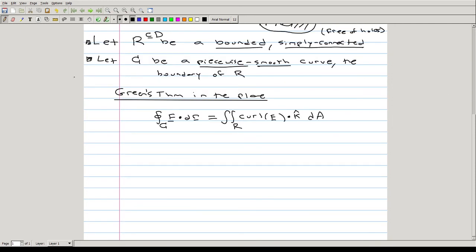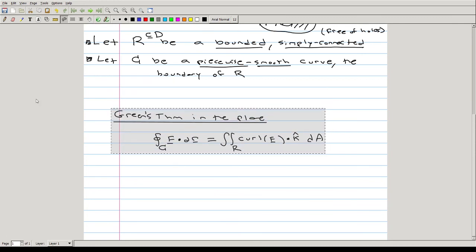Oops, and I forgot to put one last assumption up here that is actually very, very important. So I'm going to add some space and add it up here.